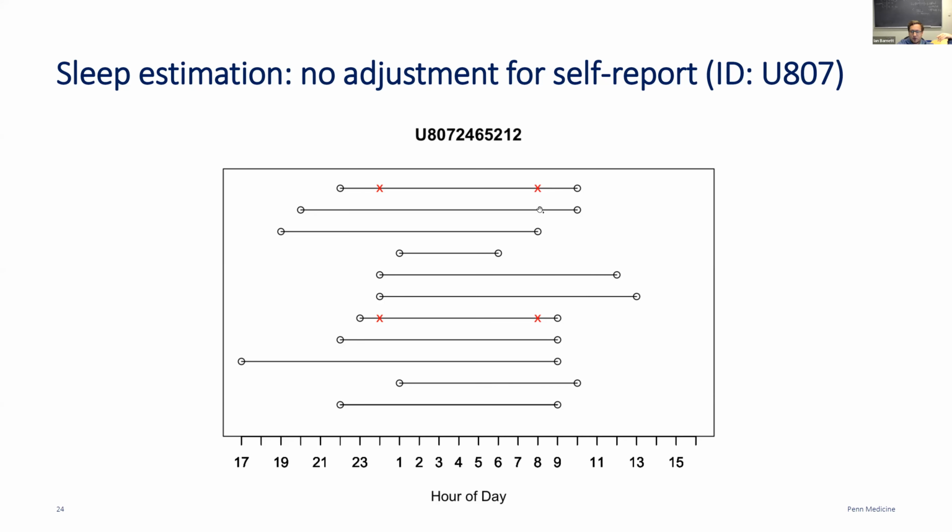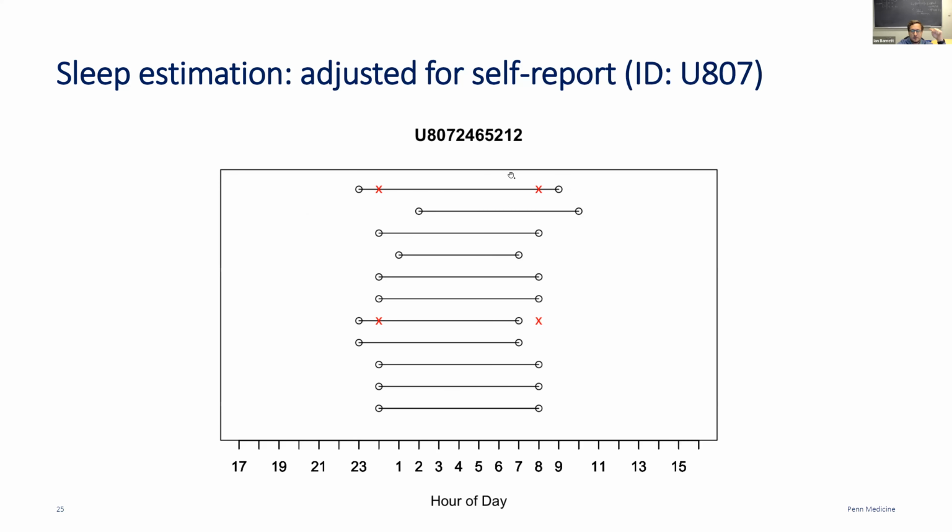Their self-report confirms that: this person is saying they're sleeping about 8 hours a night. But their phone use is so sparse and sporadic that if we treated the phone as the person, we'd way overestimate sleep. Our approach corrects for this bias, and this is what you end up getting. Much more realistic.